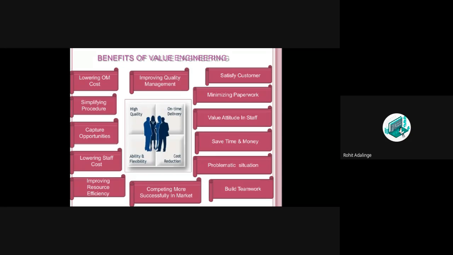Then the tool wear of those machines will get reduced. So that is the benefit, that the resource efficiency will get improved. Resource efficiency is how efficiently you are converting a product from its raw material to its finished product, that is nothing but the resource efficiency.